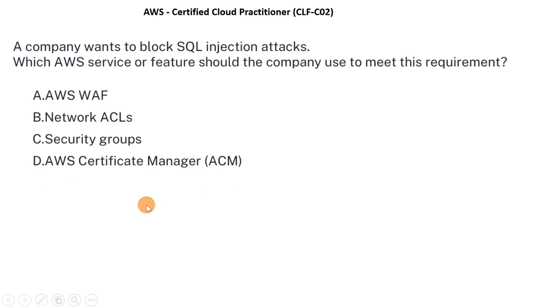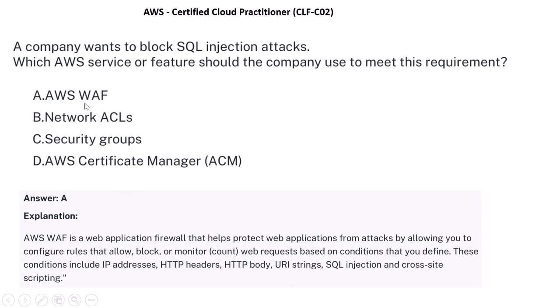The correct answer is option A. AWS WAF is a web application firewall that helps protect web applications from attacks by allowing you to configure rules that allow, block, or monitor web requests based on conditions that you define. These conditions include IP addresses, HTTP headers, HTTP body, URI strings, SQL injection, and cross-site scripting.